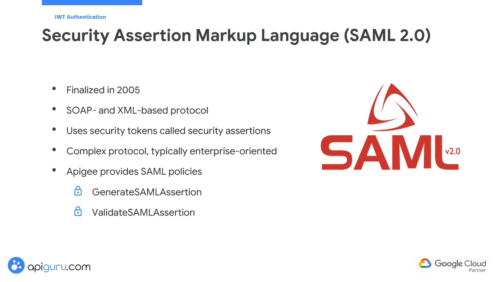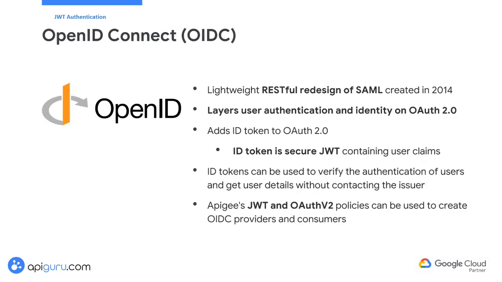OpenID Connect or OIDC is a lightweight, RESTful redesign of SAML. The OIDC layer's identity and authentication are on top of the OAuth 2.0 authorization framework. OIDC adds an ID token to OAuth. An OpenID provider can create an ID token when a user authenticates. The ID token will contain claims about the user and their authentication and is a secure JWT token.